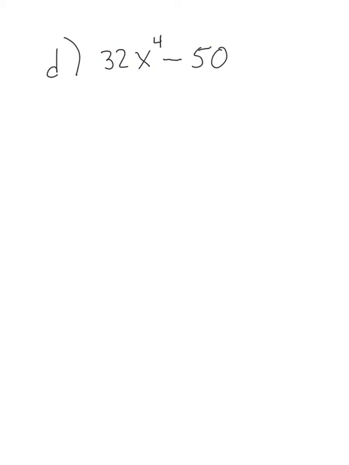I have one more harder question, and I do want to emphasize a point here, which is the first step to factoring anything they throw at you technically is you should be checking for a GCF first, a greatest common factor first. So as I look at D, it wants us to factor 32x to the fourth minus 50.